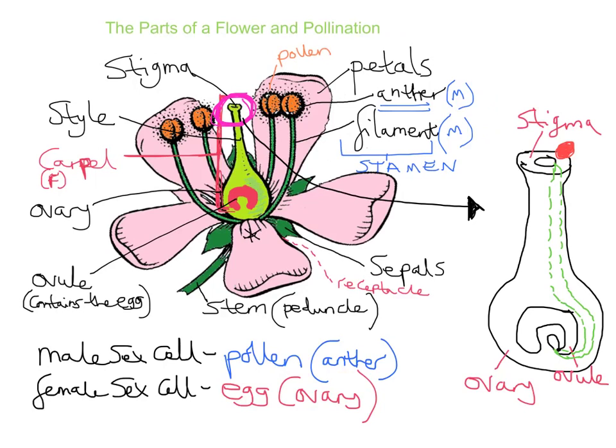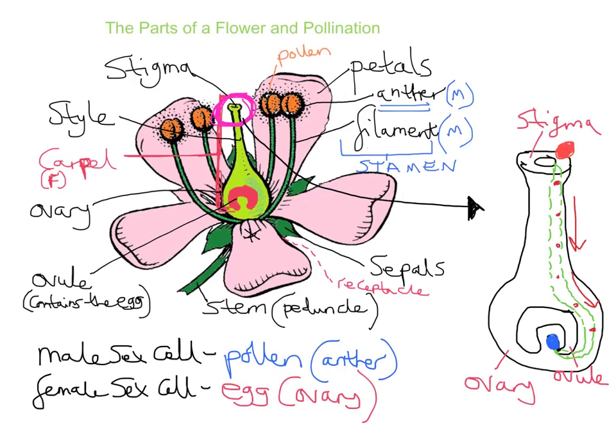And then that pollen simply passes down that pollen tube in this direction. So it goes down the pollen tube and it goes to meet, let's just draw the egg in place, the egg there.